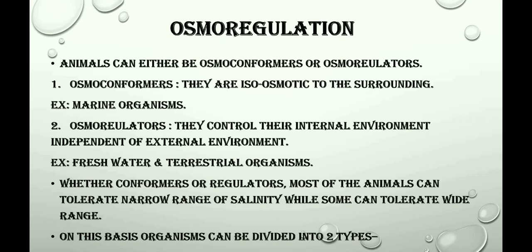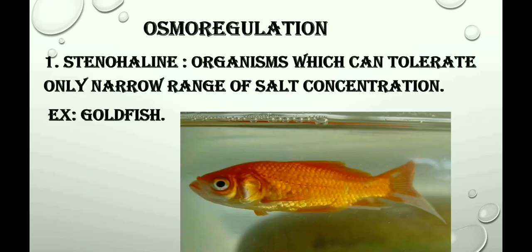Now, on the basis of this condition, organisms can be of two different types. That means it can be stenohaline or it can be euryhaline. Talking about stenohaline, those organisms which can tolerate only a narrow range of salt concentrations are called stenohaline.